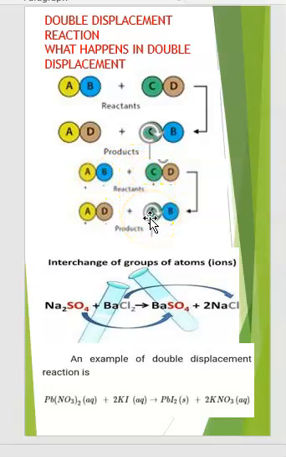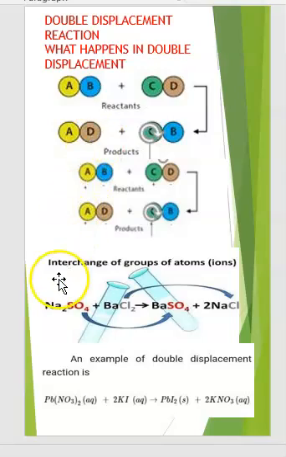Always the positive ion is written first and then the negative ion. Thus we write AD and CB. That is interchange of groups of atoms or ions. Both the ions get displaced, and that's why it is known as double displacement reaction.